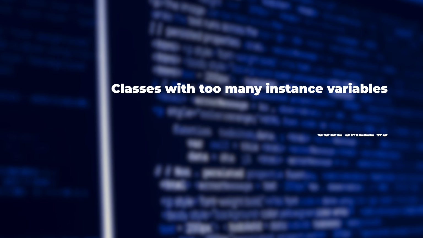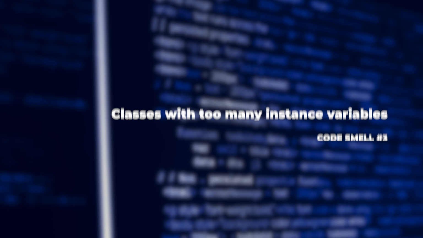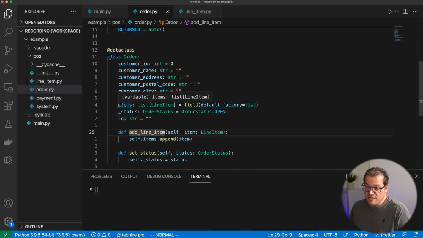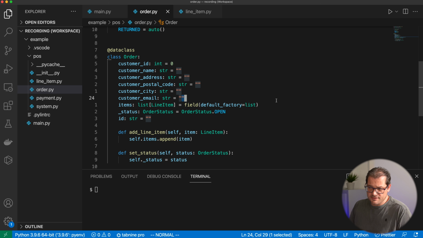The third code smell also has to do with the order class. You see that even though we changed these three lists to now have a single list of line items, order still has lots and lots of instance variables. And when a class contains too many of these instance variables, this is often a sign that it has simply too many responsibilities.